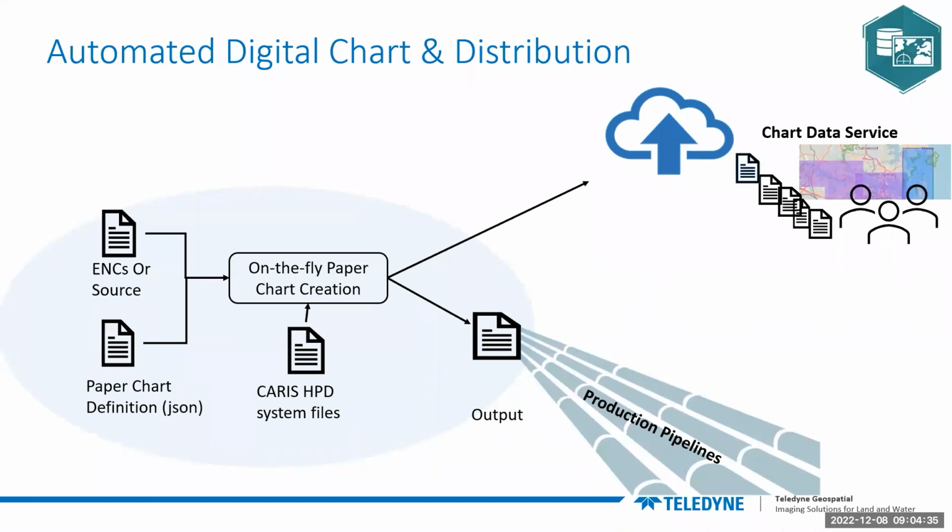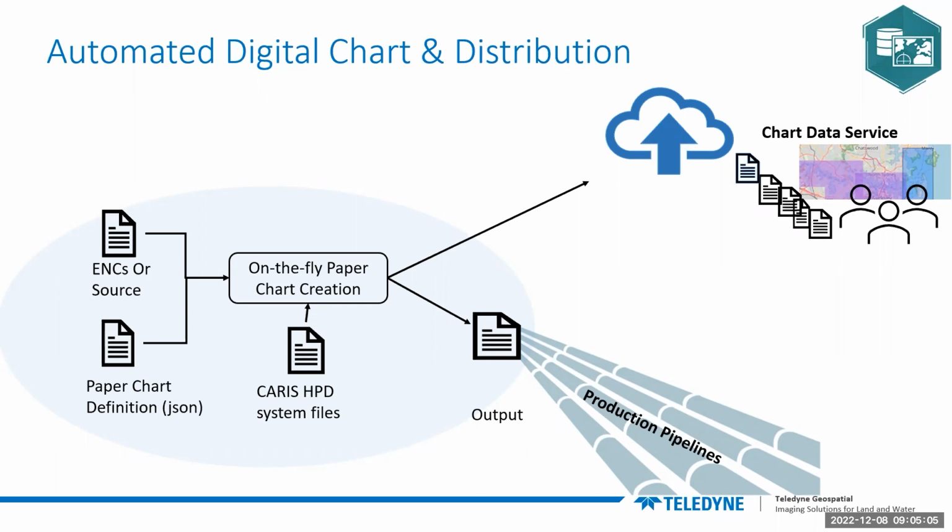And what we're going to be talking to for the first part of this webinar is actually the creation of a digital chart product, either straight from a source repository of data or from an ENC. So we've had a couple of asks over the last year to be able to create products on the fly from a verified source of data.